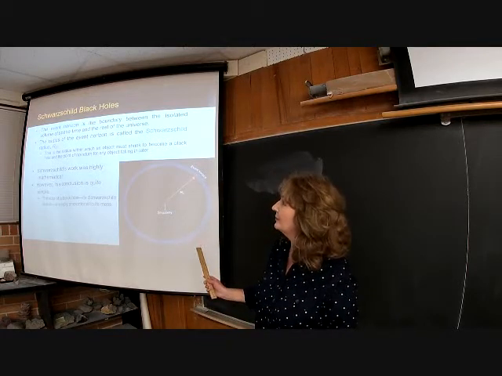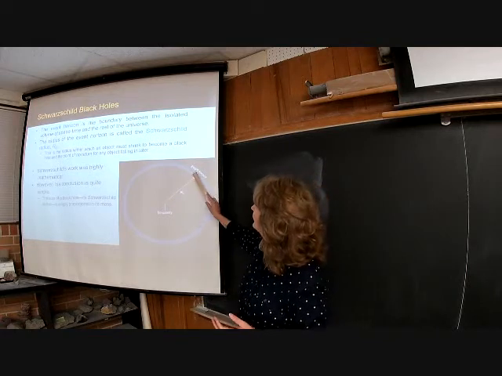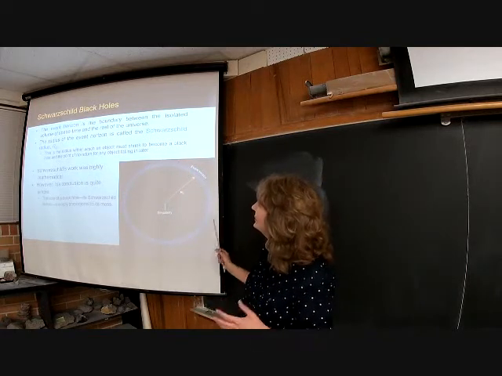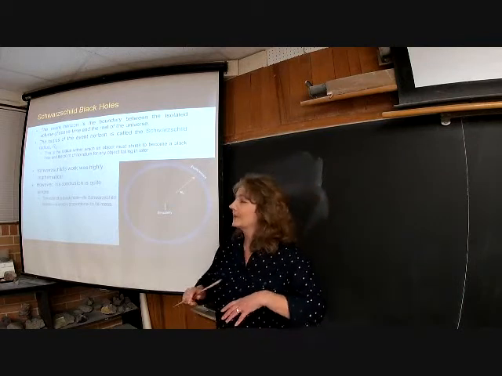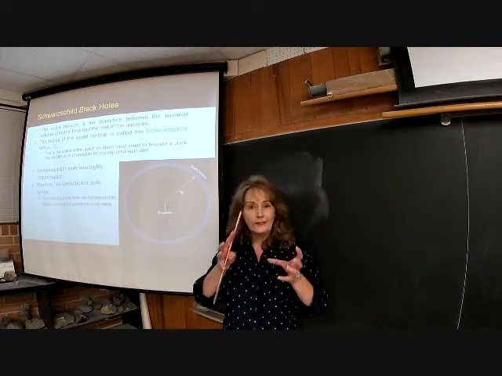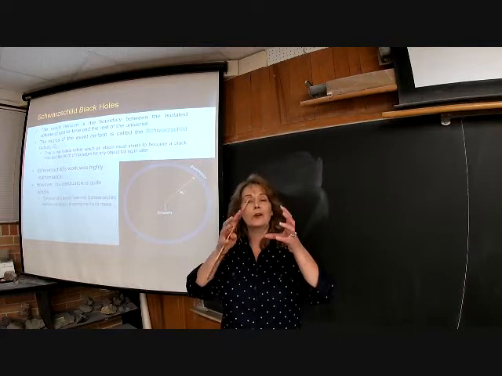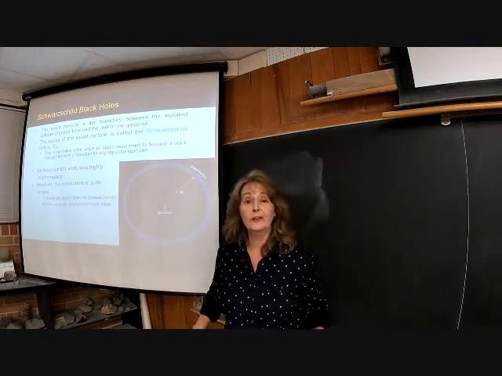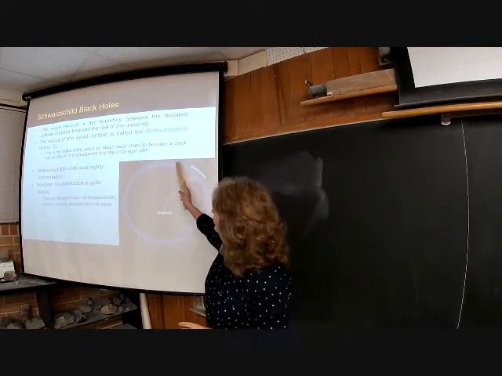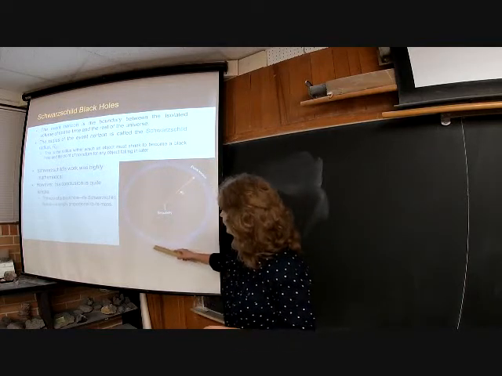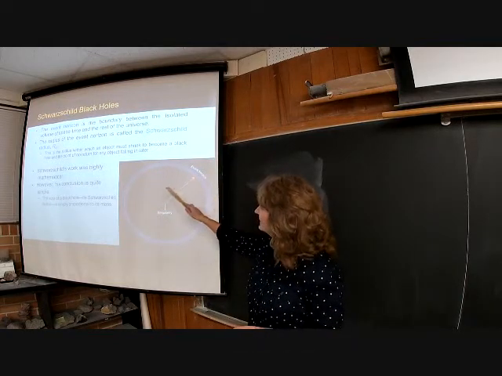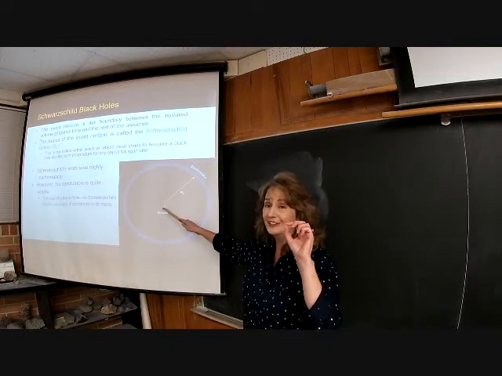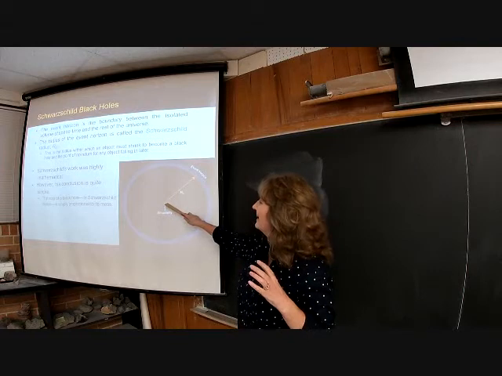But the event horizon, right here, around the black hole, is the boundary between this isolated volume of space-time called the black hole and everything else in the universe, right? So the event horizon right there, and then the singularity, that zero radius, which is just unimaginable, how compact that is.